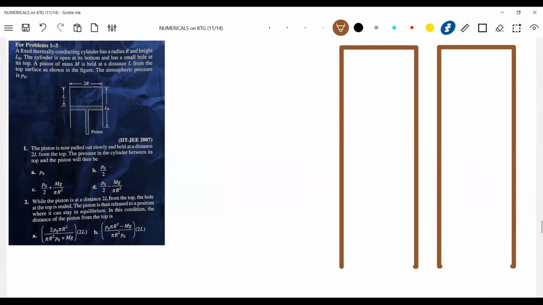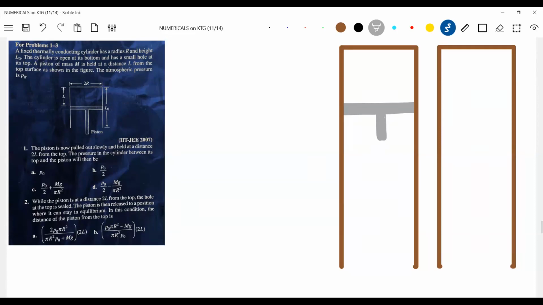A fixed thermally conducting piston. So this is the piston initially. Let's get into it: the piston is now pulled out slowly and held at a distance 12 from the top.